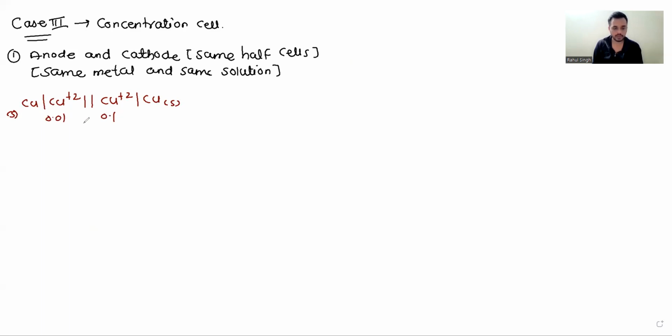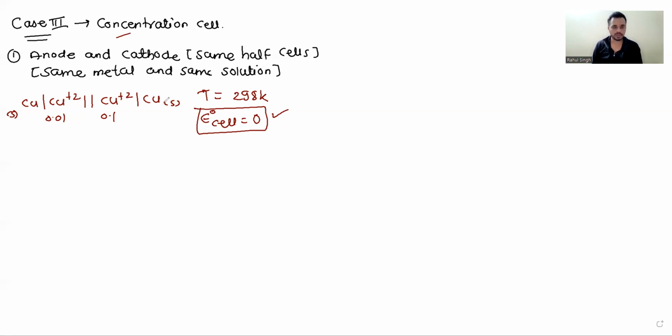This will be 0.1 molar, and temperature over here is 298 Kelvin. E naught of a cell value will be equal to 0. Always remember, because both anode and cathode are similar, the E naught value becomes 0. That is the meaning of concentration cell.